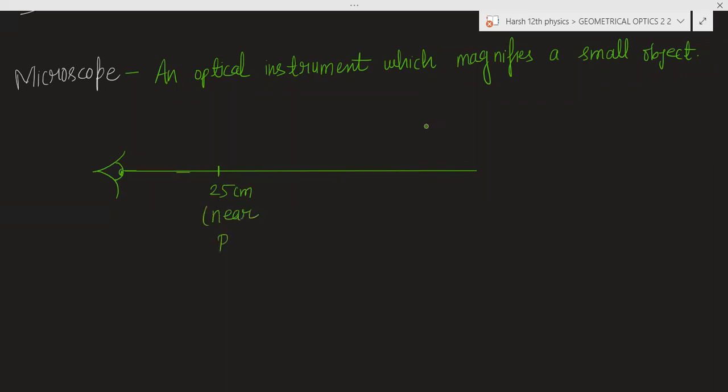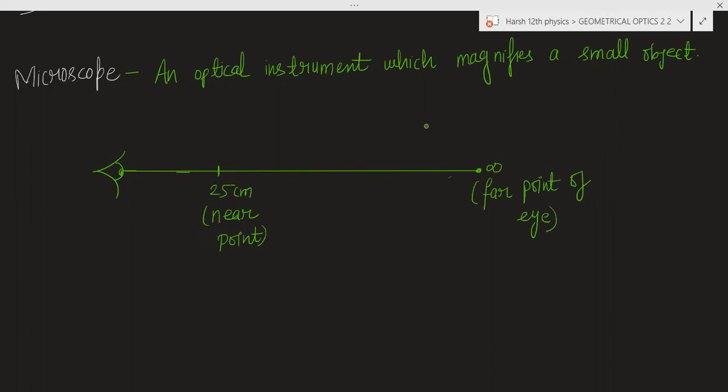And the maximum distance up to which the eye can see is infinity. This distance is infinity, and this is known as the far point of the eye.